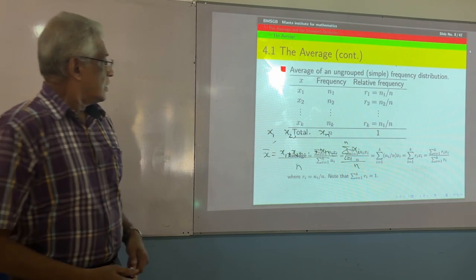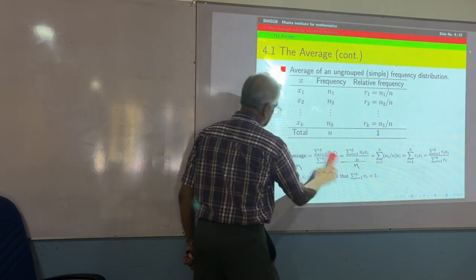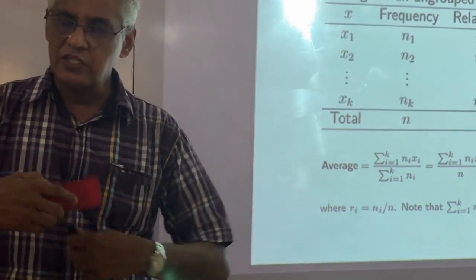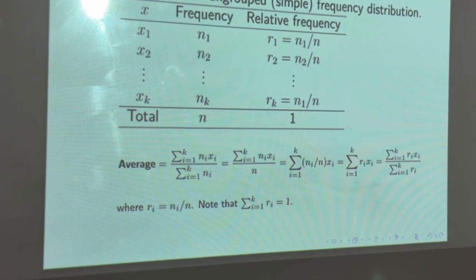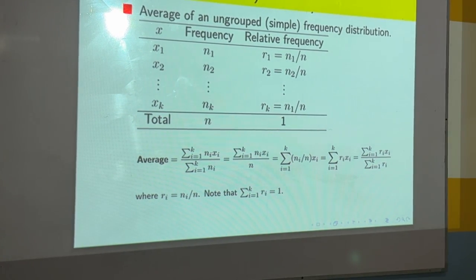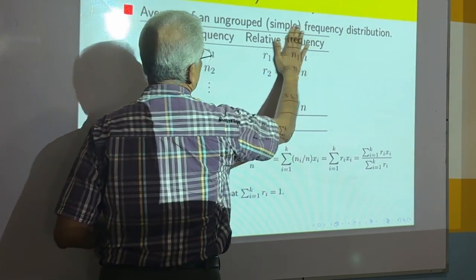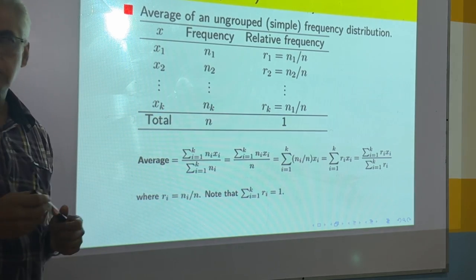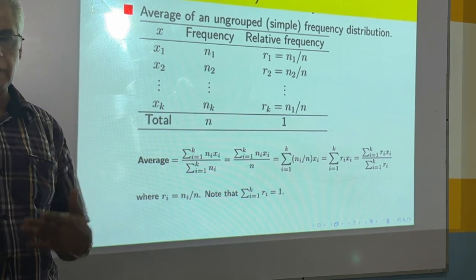So if you have a frequency distribution instead of the actual data, instead of the list of numbers, like this ungrouped, simple frequency table, what does it mean? In a frequency table, probably you don't have this column, you will have only these two columns. It tells you what values appear in your data set.